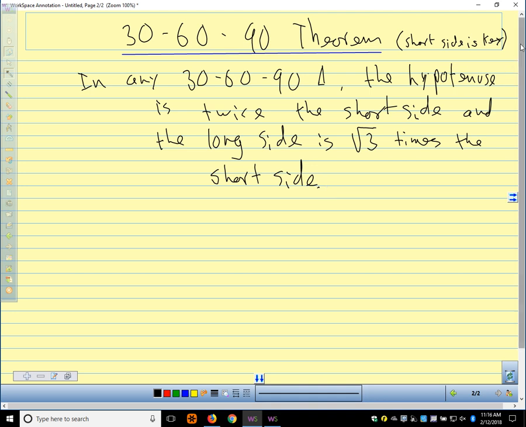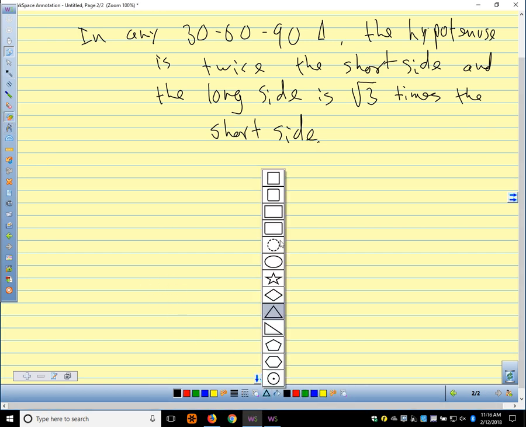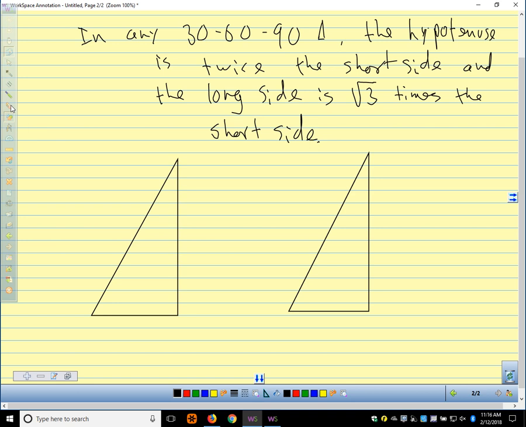So I like to think of this visually, just like we did with the 45, 45, 90 triangle. So let me draw a couple of 30, 60, 90s here, and we'll do a nice visual. I'm going to call this my 60-degree angle and my 30-degree angle.